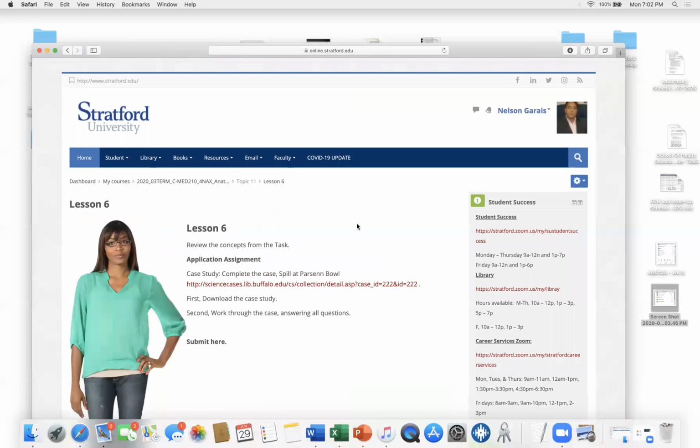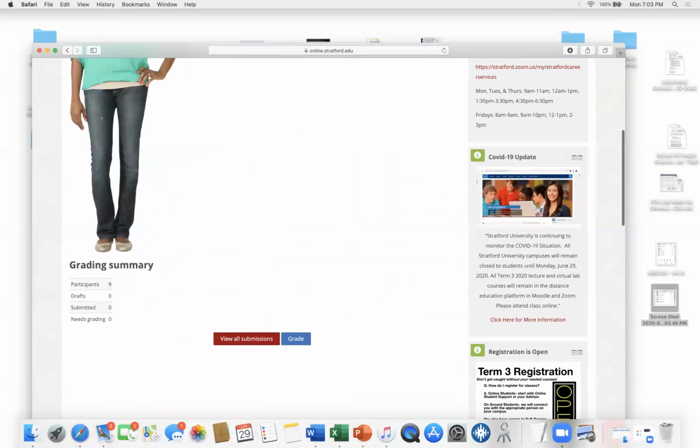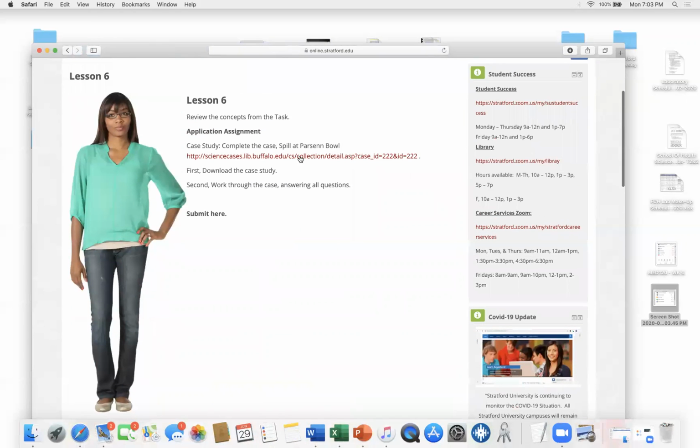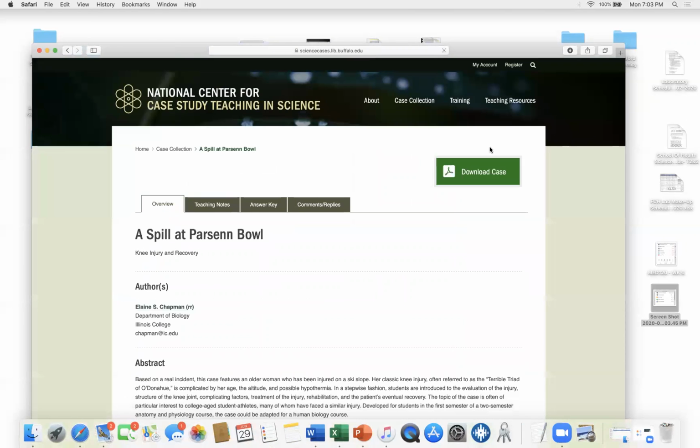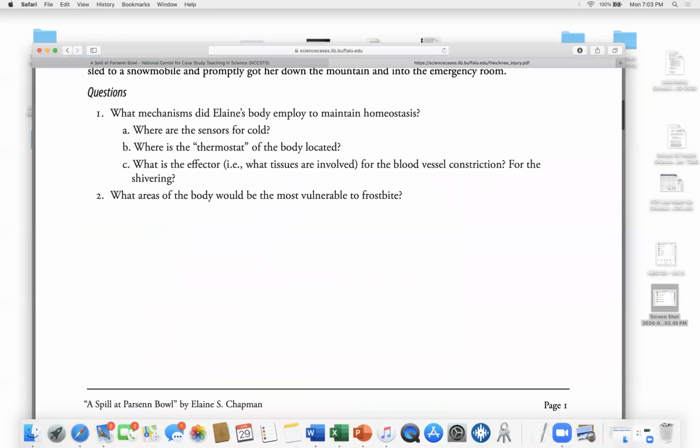And lesson 6, application assignment. Oh, I think I forgot to send it, because there are some of you who have trouble opening PDFs. So of course, for the application assignment, click on this, download the case, knee injury and recovery.